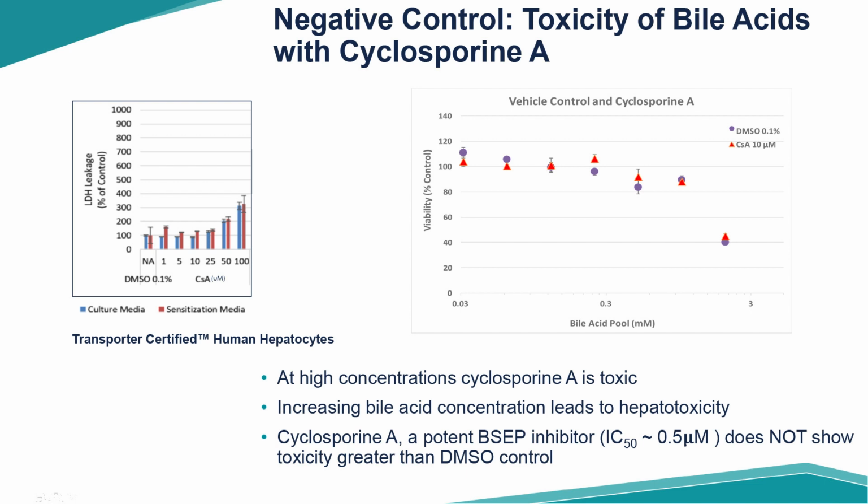So in our study, we increased the concentrations of bile acids in the hepatocyte, and then looked at viability in the absence and presence of cyclosporin. We did see toxicity, but there's no difference in these curves, indicating the hepatocyte can adapt to those increased intracellular concentrations.